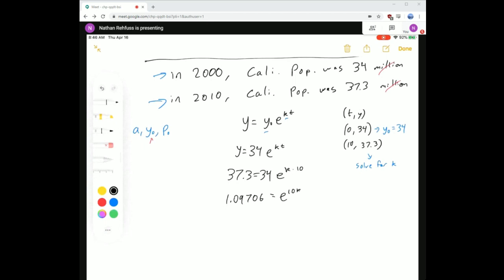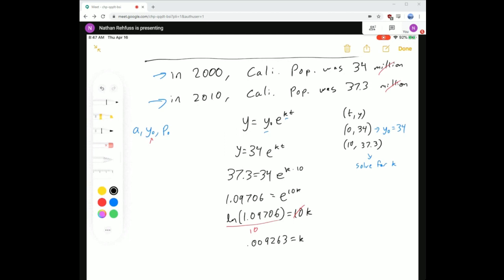Take the natural log, and I'll go ahead and divide by 10 in this same line. So it's those same three steps every time. Now I take the natural log of this number, divide by 10, and I get 0.009263 equals k.